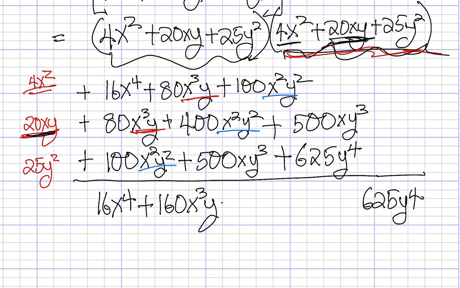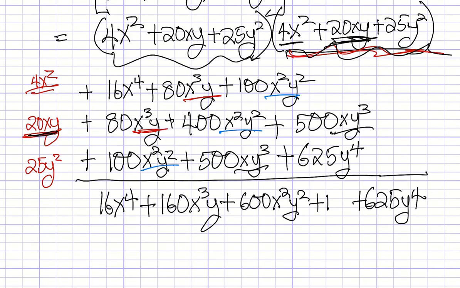That's 600, right? That's 600 x raised to power 2, y raised to power 2. Is there another one? This one and that one are the same. So, what is that there? Okay, that's 1,000.